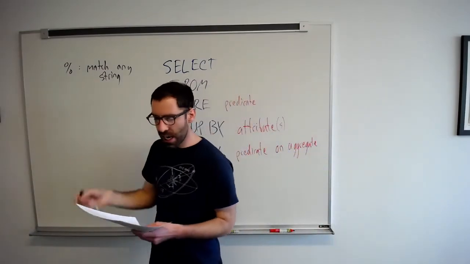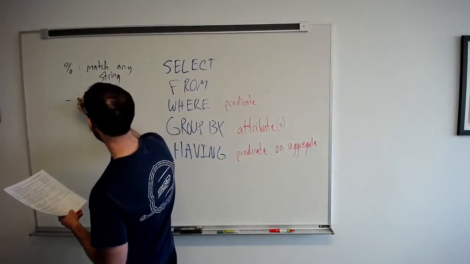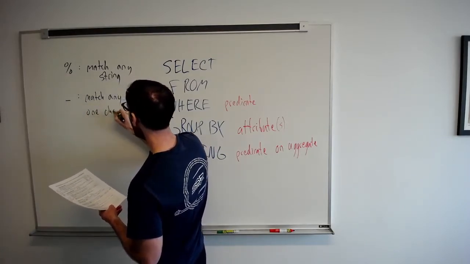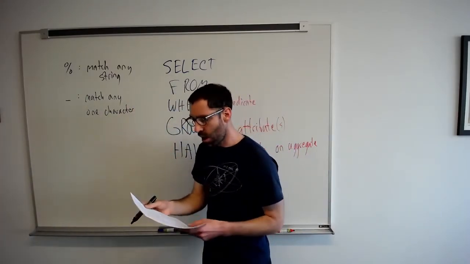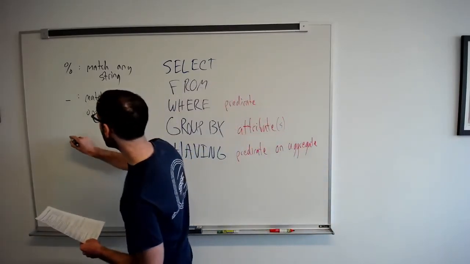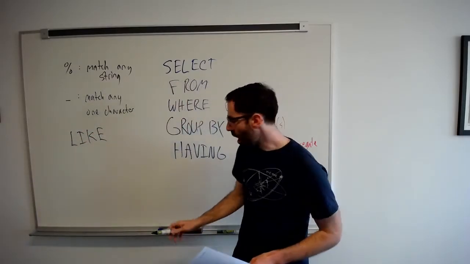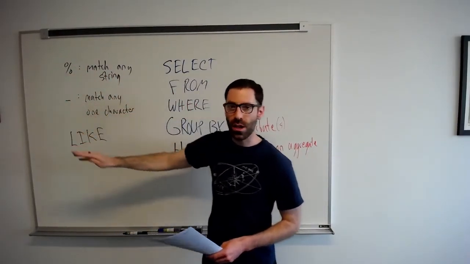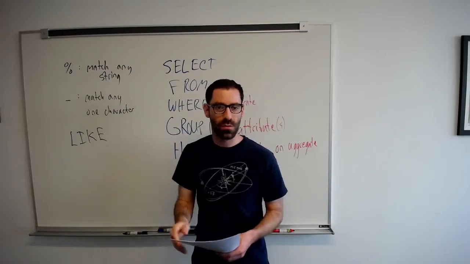An underscore will match any one character. We use this in combination with the like keyword, so that if we have a string that includes one of these wildcard characters, we can use like to filter by strings that match the pattern that we've described.